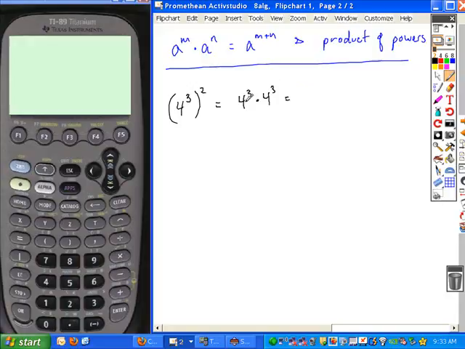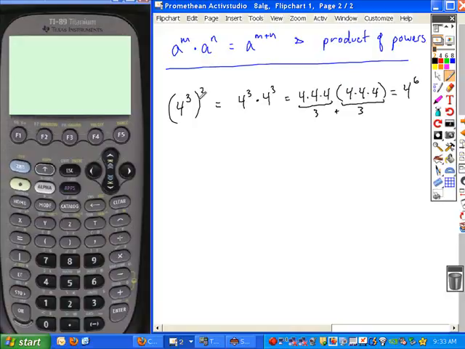Well, each of these 4 cubed is an exponent also. And so in each of those, you're going to take your base and multiply it by itself how many times? 3. So we're going to take this times this, in which, if we added these up, we have 3 plus another 3. So we get a base of 4 and a power of 6.